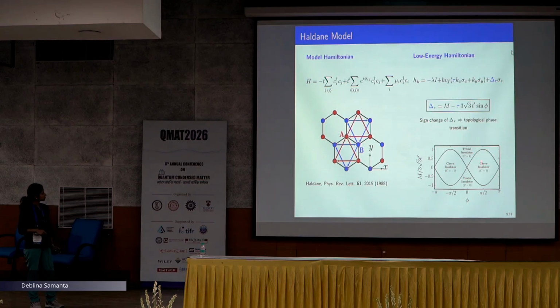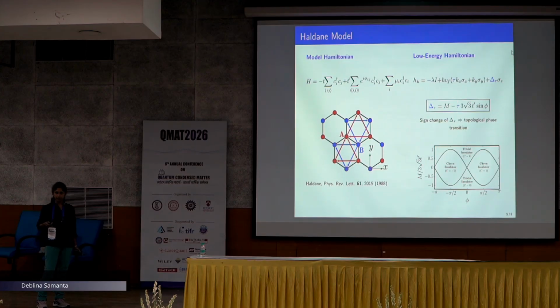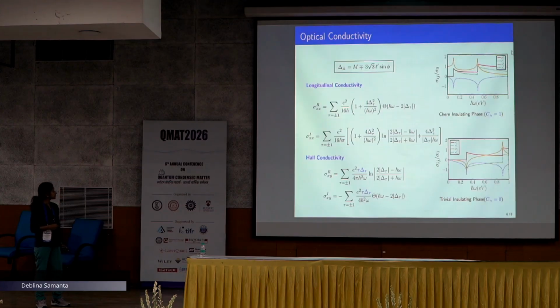From the Haldane phase diagram, I will just say one thing: if that mass term delta has the same sign, then it is in the topologically trivial phase, but if it has different signs around the two different valleys of graphene, then it is in the topological phase with Chern number 1 and -1. Our goal is to distinguish between the trivial and Chern insulator phases by seeing the centroid shift behavior.